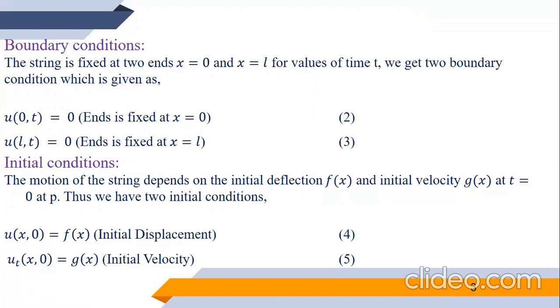Only the initial condition is changed. So first problem, only initial displacement is given, velocity is 0. Problem 2, only initial velocity is given, displacement is 0. And problem 3, both are given. So now we discuss problem 1.